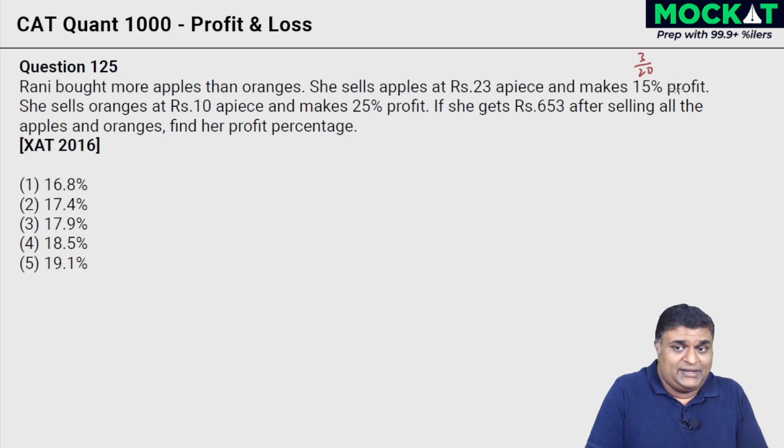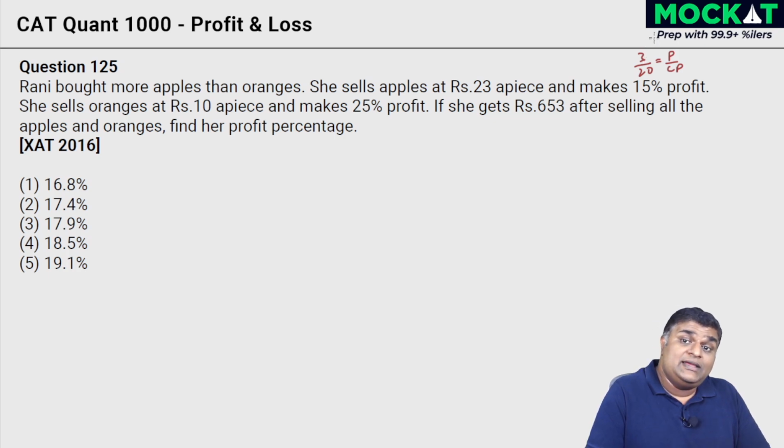If 3 by 20 is the profit, and profit is always written as a percentage of the cost price, this 3 by 20 ratio can simply be written as P by CP, profit as a percentage of cost price. In other words, it means if cost price is 20 rupees, then the profit is 3 rupees.